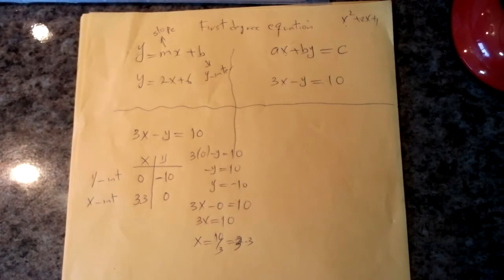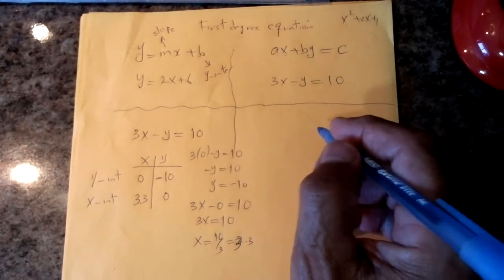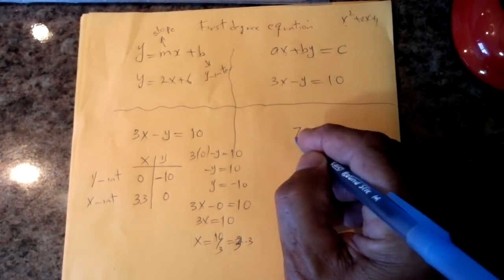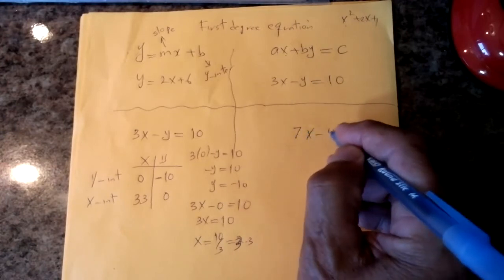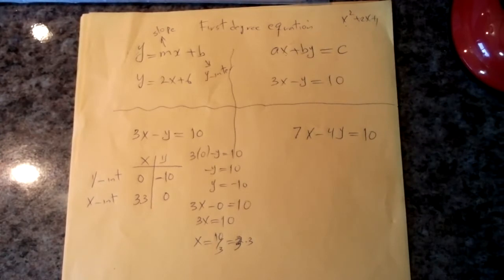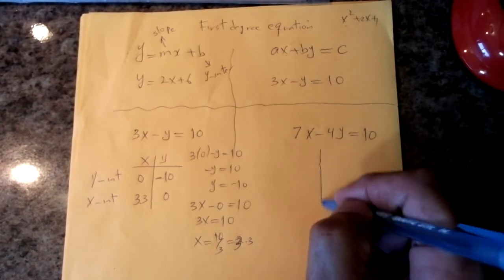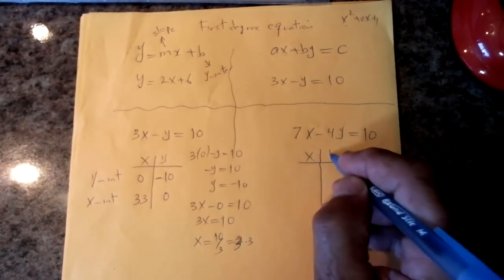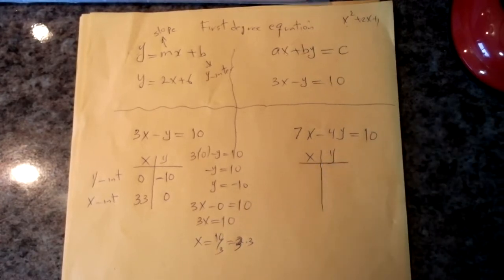Now, we have also another equation, which is 7x minus 4y equal to 10. To graph this, you could also use the x and y intercepts.